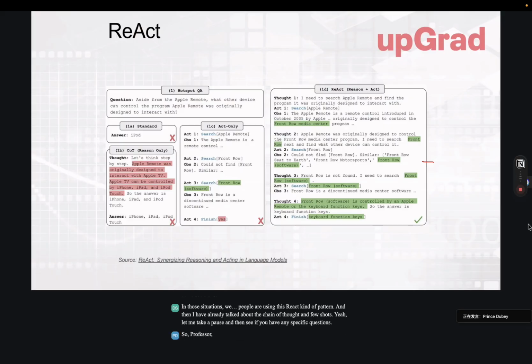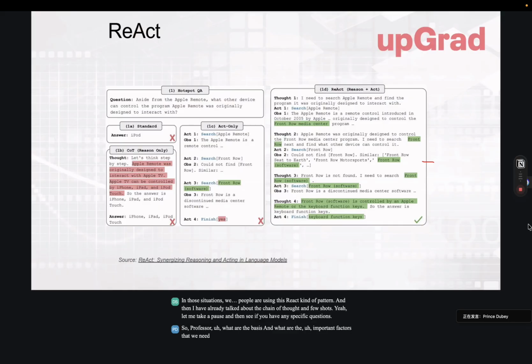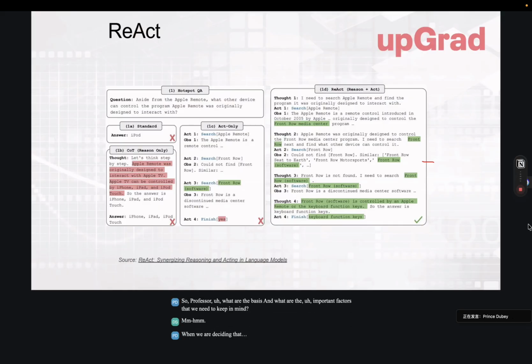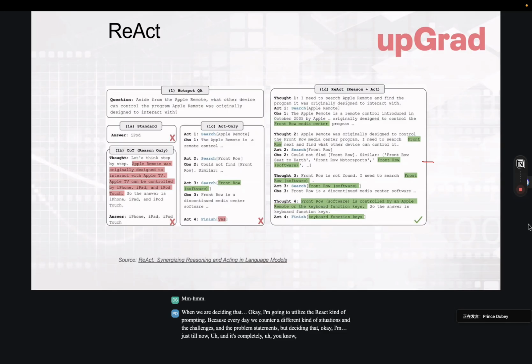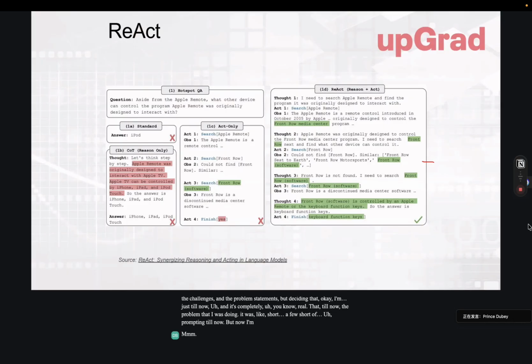Professor, what are the basis and the important factors that we need to keep in mind when deciding that, okay, I'm going to utilize ReAct kind of prompting? Because every day we encounter different kinds of situations, challenges and problem statements. Till now, the problems I was working on were done with few shot prompting, but now I'm thinking to utilize ReAct as well.